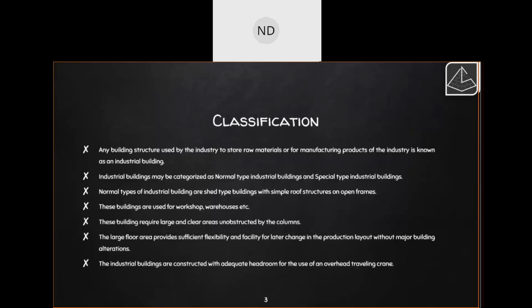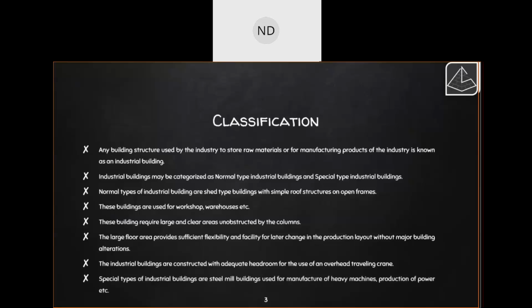So even to pick up raw materials, equipment, or to use the machinery, sometimes these industrial buildings will have large gantry cranes near the roof, for which ample headroom is required. The headroom in industrial buildings varies from 15 meters to 20 meters or even more, depending on the size of the machinery to be kept inside, the amount of materials to be kept inside, etc.